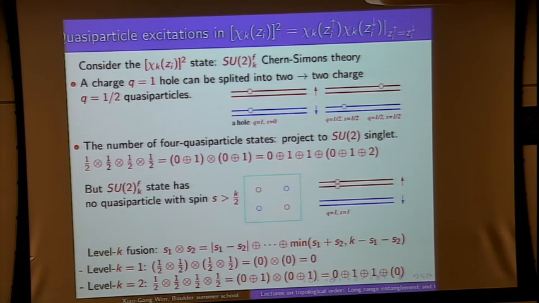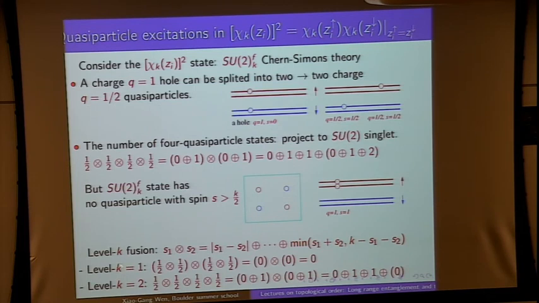In the full representation, the SU2 fusion is from S1 minus S2 to S1 plus S2. Here with this modification, we take the minimum with k minus S1 minus S2, so there is a truncation like that. So if k equals 1, S1, S2 equal to 1/2, then this is 0. So therefore, you can only have a 0 here.